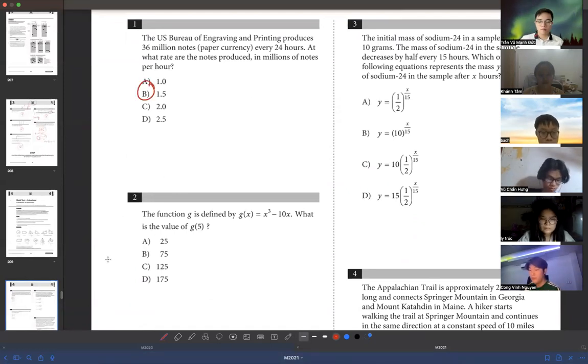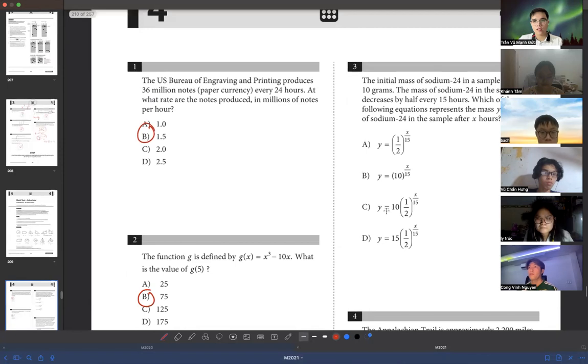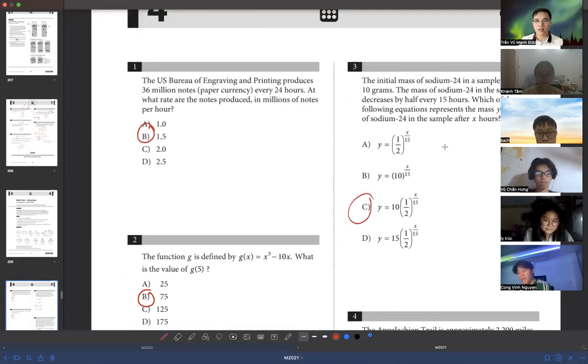To the second question, B. B. This one, right? B. Yes. What is the value of the choose 5? You just plug them in. 3 choose 5. Yeah. 3 is C. C. Okay, let's check.